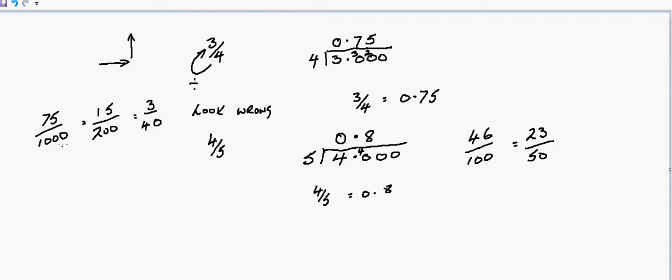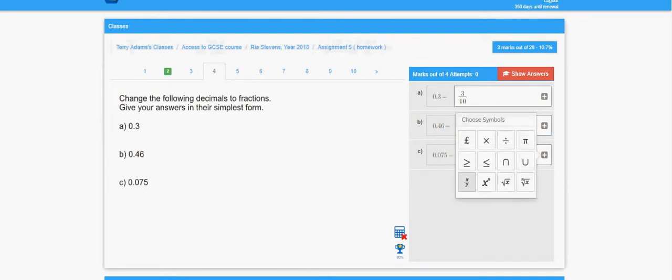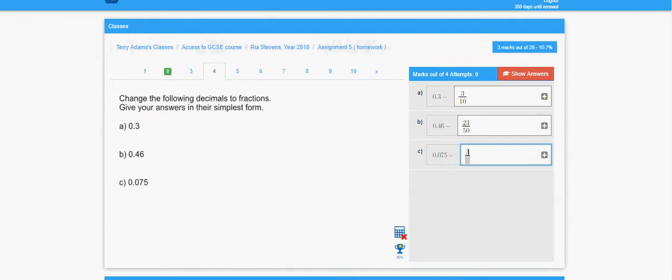So 75 over 1,000 is the same as 3/40. Okay, so I just put it in as a fraction, so that's 3/40. Okay, there are my answers. Oh, and it says show answers, and I've got them all right. 3/10, 23/50, and 3/40.